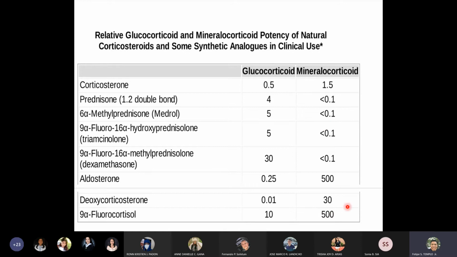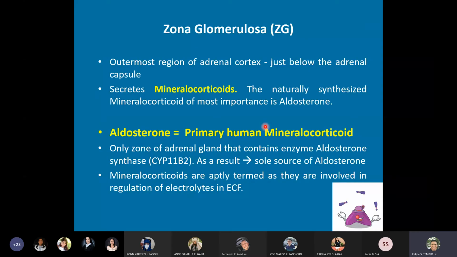Even if this is mainly a mineralocorticoid, it also has glucocorticoid functions. The aldosterone is mainly a mineralocorticoid, but it also has some glucocorticoid functions. So basically, they share some functions as well. Your glucocorticoid is not mainly for sugar, and your mineralocorticoid is not mainly for salt. They have certain functions depending on the type of glucocorticoid or mineralocorticoid.